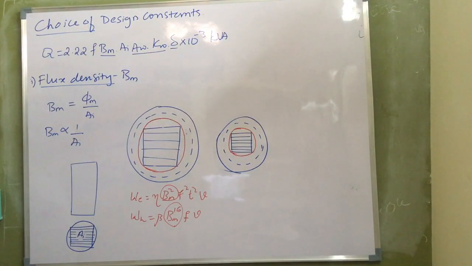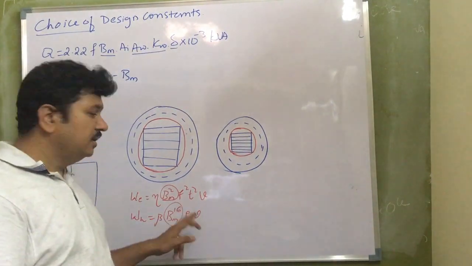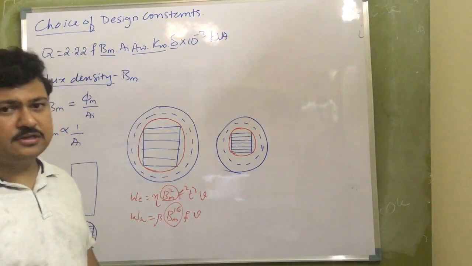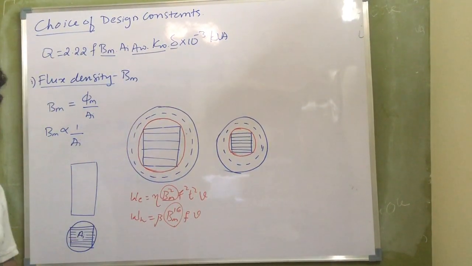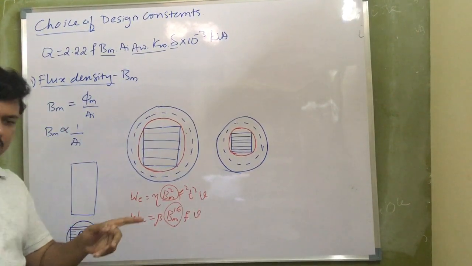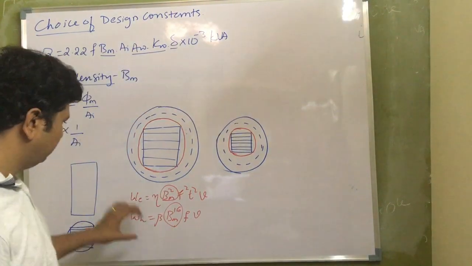Eddy current losses are increasing, hysteresis losses are also increasing. So it will increase the overall iron losses in the core, which will result in a large temperature rise of the core. So with this choice of larger flux density, I should go for more effective cooling of the transformer. This is one thing.